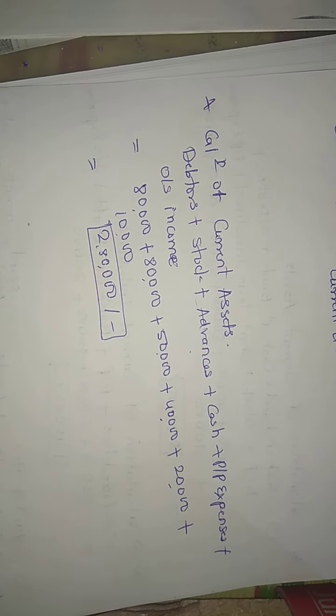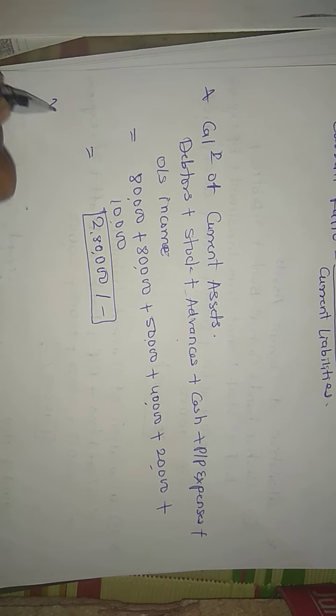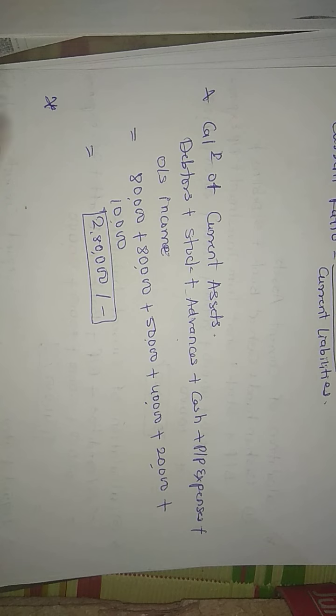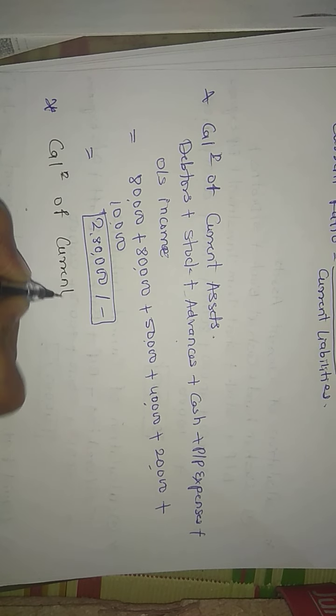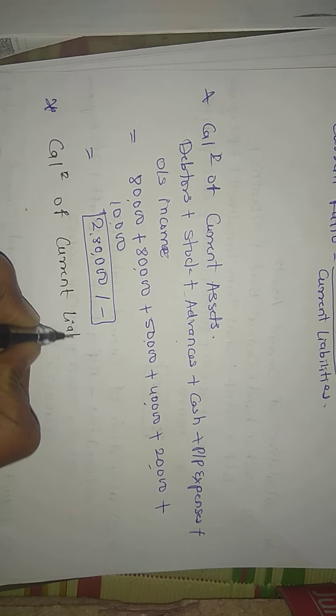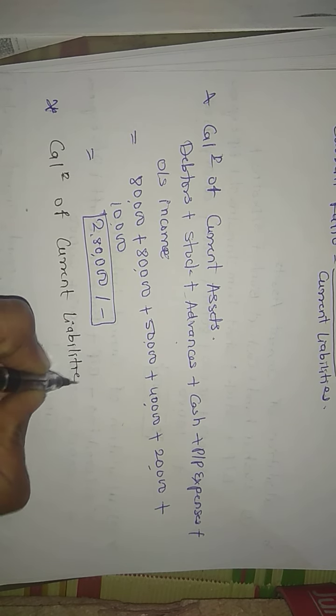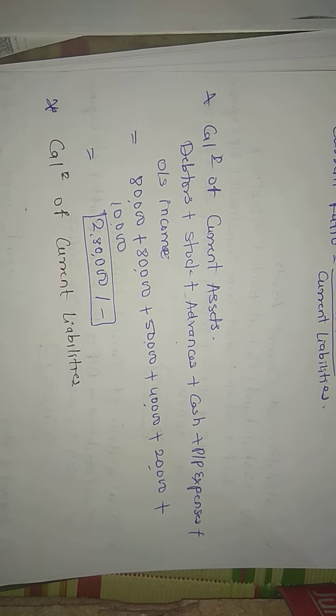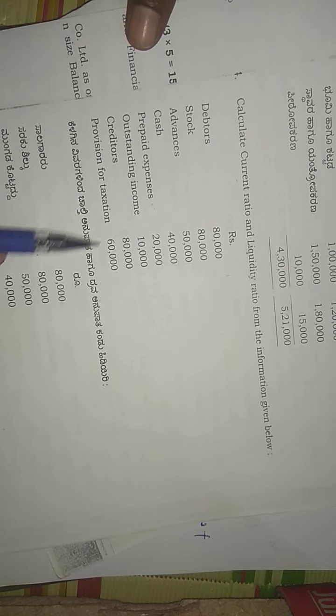Next we calculate current liabilities. What are the items of current liabilities? See here, creditors and provision for taxation.